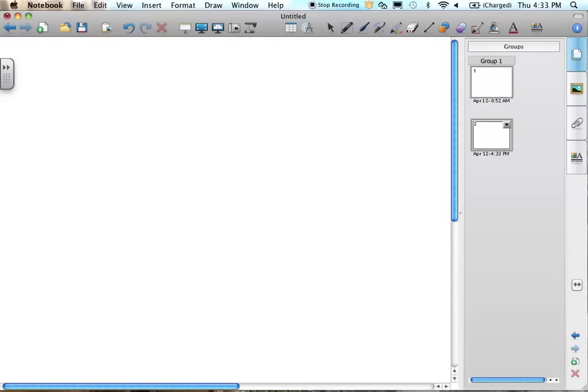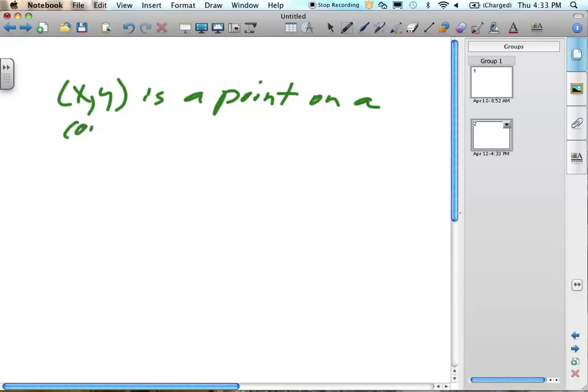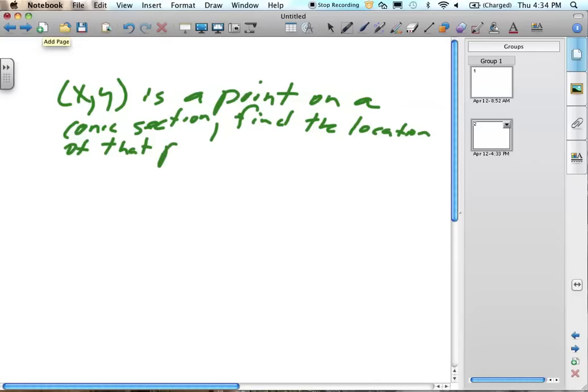All right, so if x and y is a point on a conic section, we're going to find the location of that point on the rotated axis.